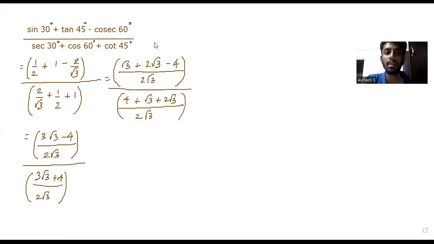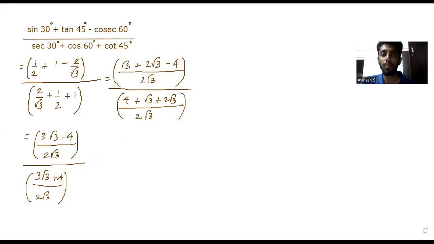As you can see, please look at this step. Root 3 plus 2 root 3 becomes 3 root 3 minus 4. Again in the denominator, root 3 plus 2 root 3 becomes 3 root 3 plus 4. I have just written it in a particular order.